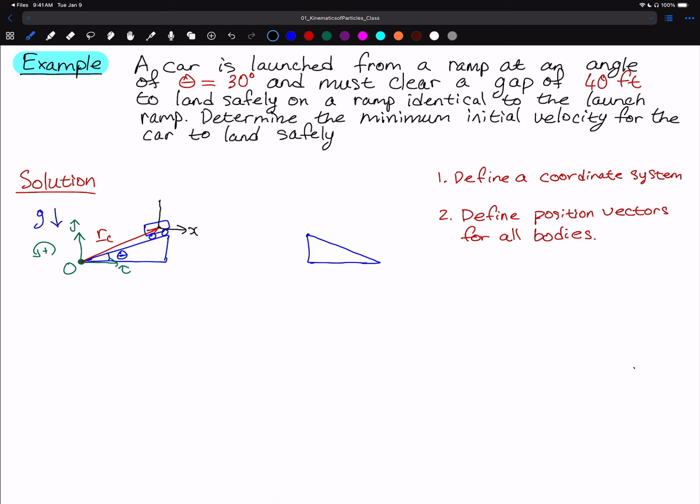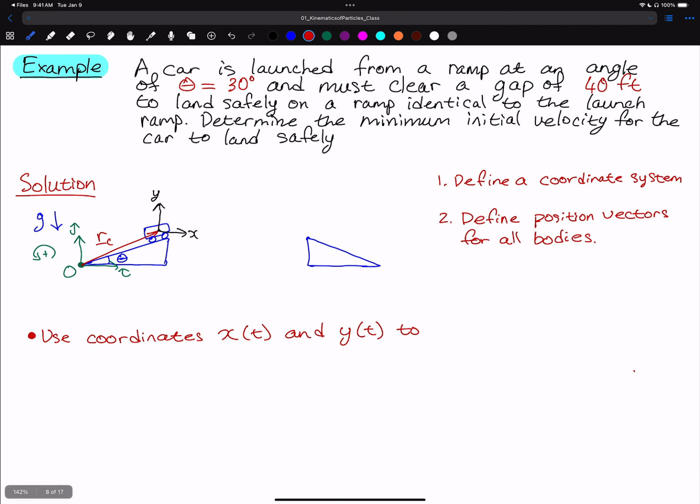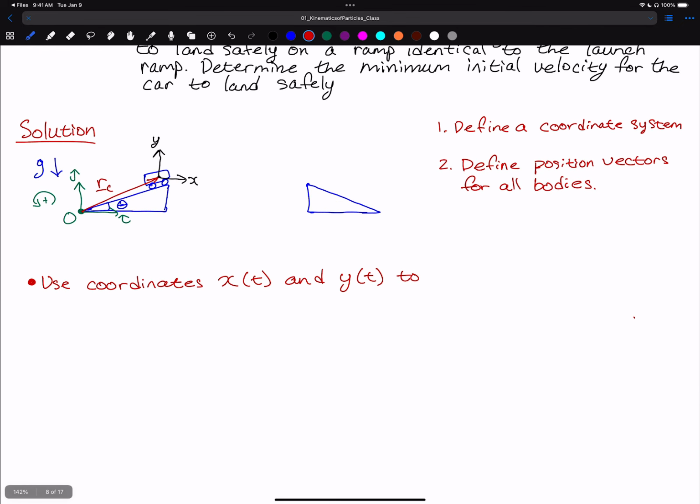We're going to use coordinates X of t and Y of t to describe the motion of the cart. Or is it a car or a cart? It's a car. To describe the motion of the car.